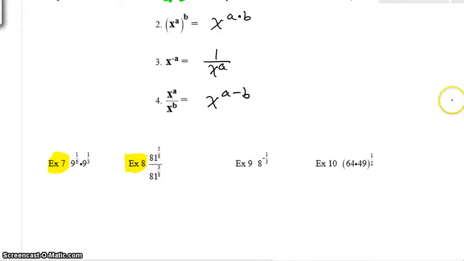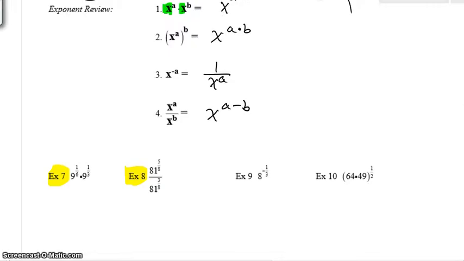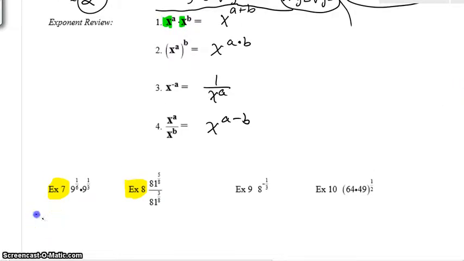So very quickly, what we can do here is hopefully notice for example 7, we're not doing all these for the sake of time, but example 7 I hope looks a lot like number 1. We can take 1/6 plus 1/3. And 1/6 plus 1/3, you could let your calculator add those two together if you're struggling with fractions.